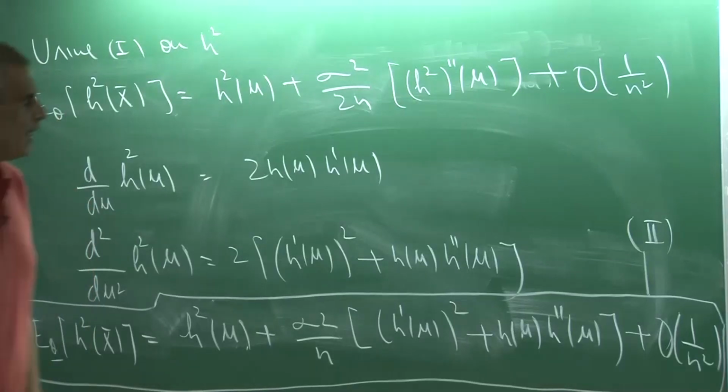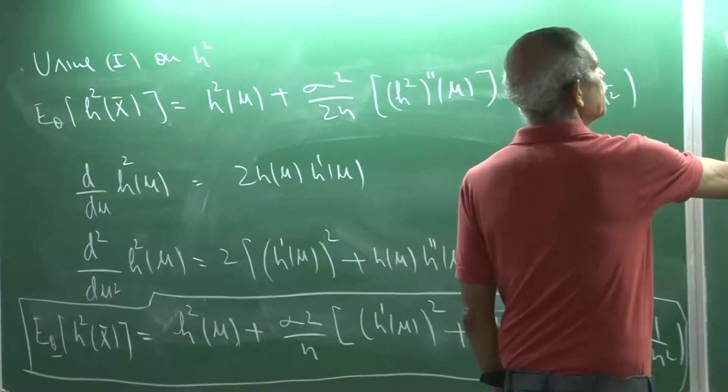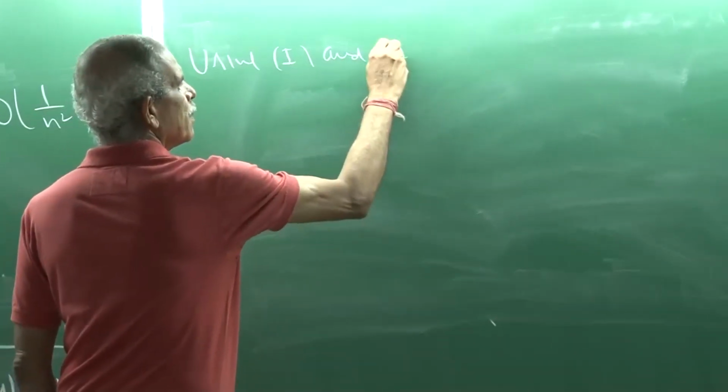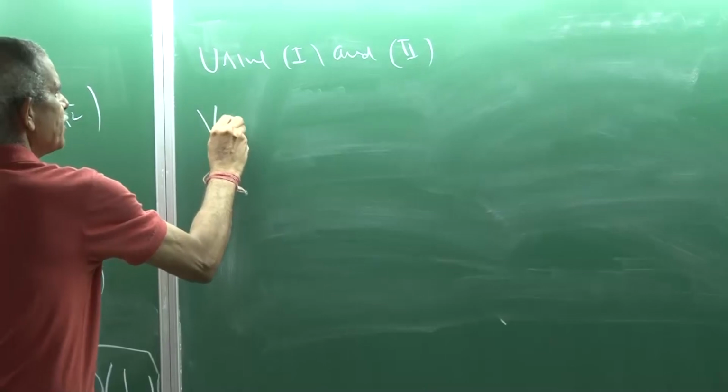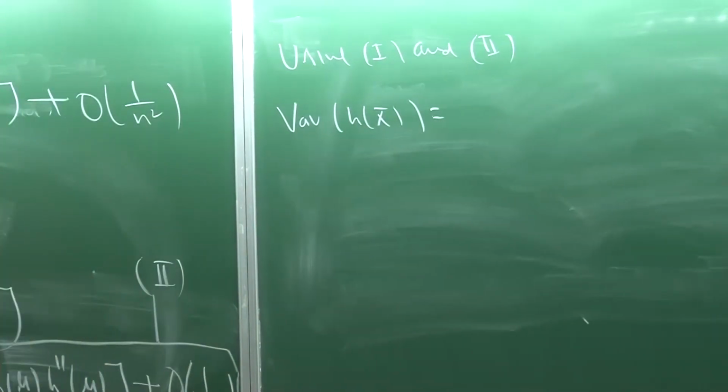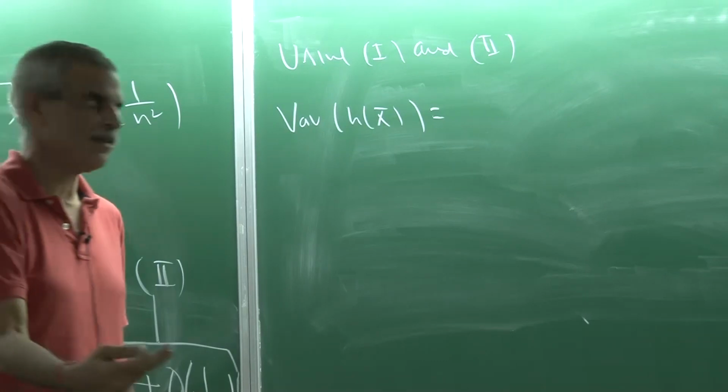So using 1 and 2, what would be the variance of h of x bar? The expected value of h square x bar minus the expected value of h of x bar whole square.